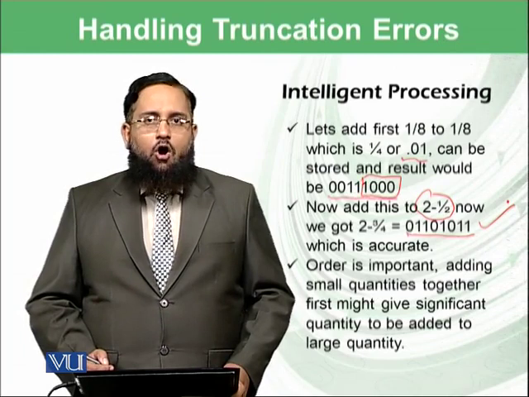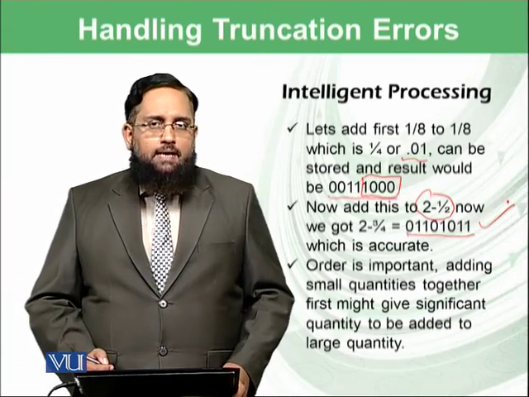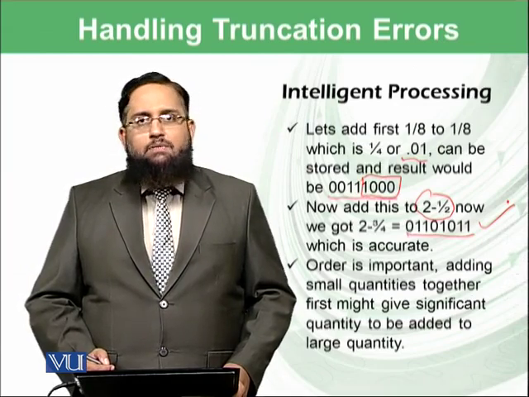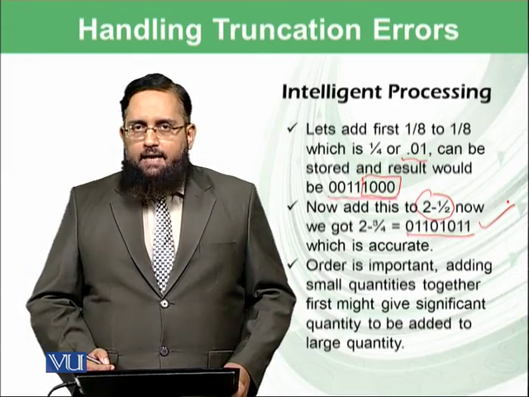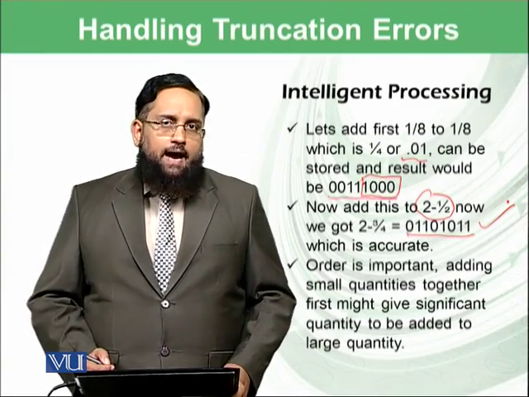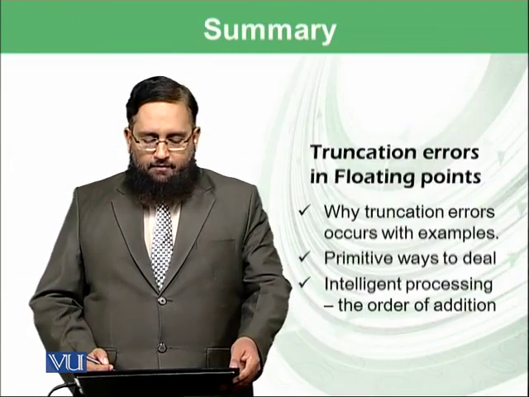This means the order is important. If we have multiple fractions to be added, we should try to add the smaller fractions first, and then that answer could be sufficient to be added and accepted by the larger quantity. Then we will have the right answer.